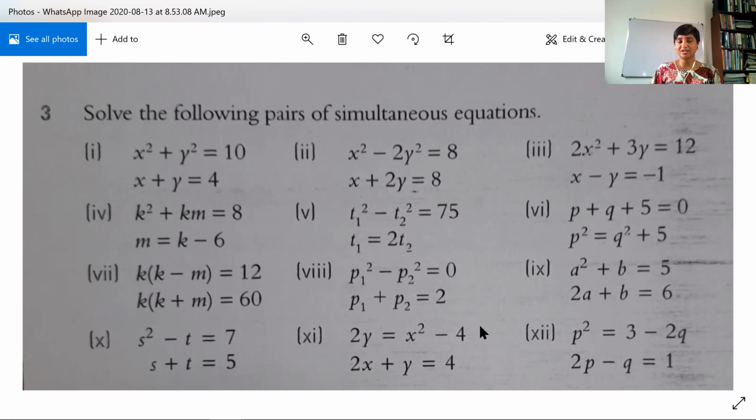In coordinate geometry, you are going to see the connection between what you do in algebra, like solving equations, and how that can be visualized using a graph. So solving this pair of simultaneous equations is a purely algebraic process. Do you ever think of a graph when you do this? No, you just multiply, you add, and you are manipulating these symbols until you get your x and y.